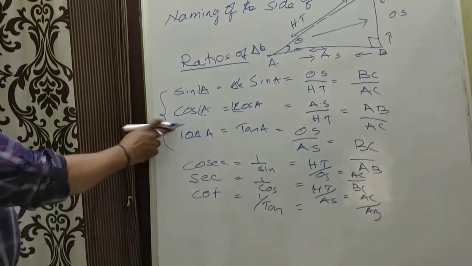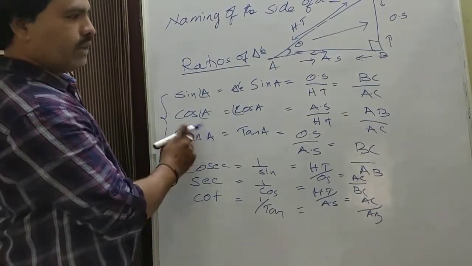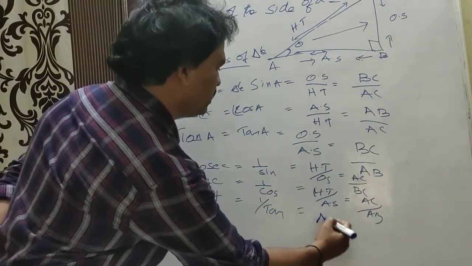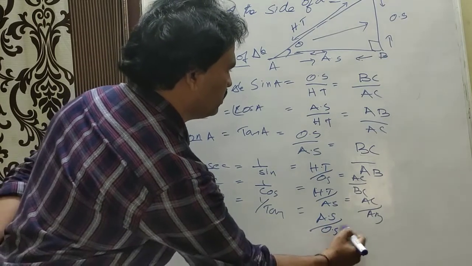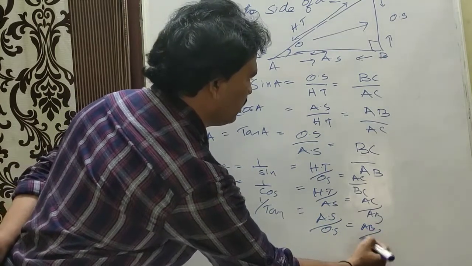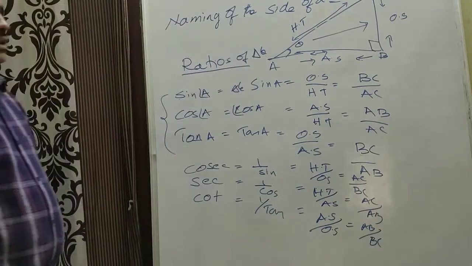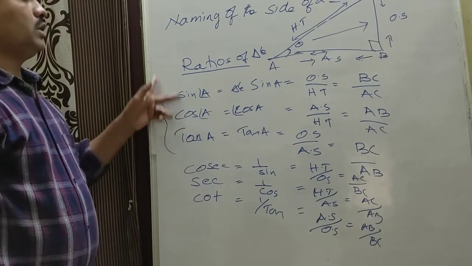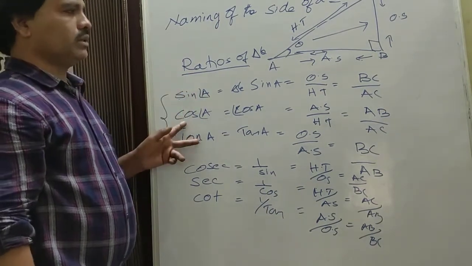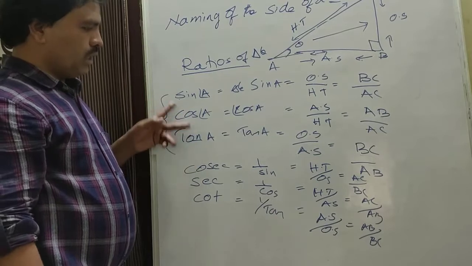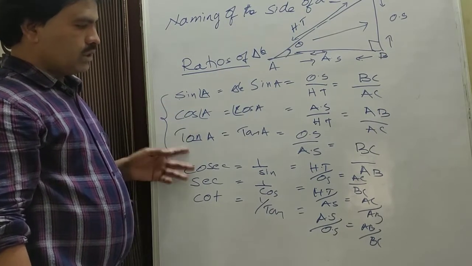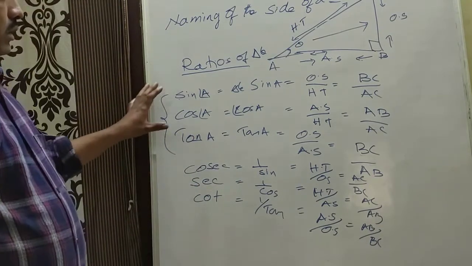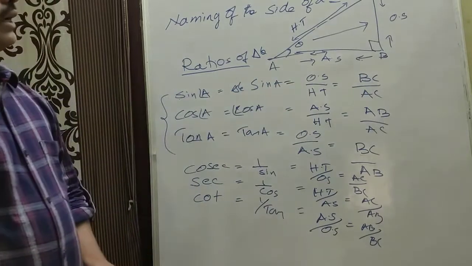Cot means the reverse of tan, that means 1 by tan, which is adjacent side by opposite side, that is AB by BC. So first we have to define sin, cos, tan, the three basic ratios, and then the reverse of these ratios gives the remaining three ratios. So this is all about the ratios of a triangle.